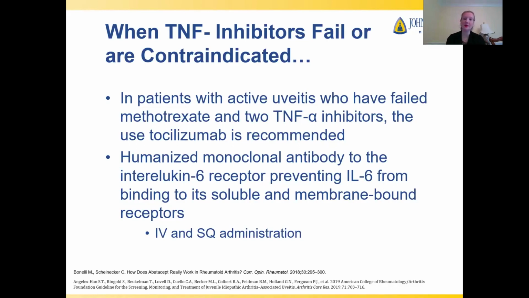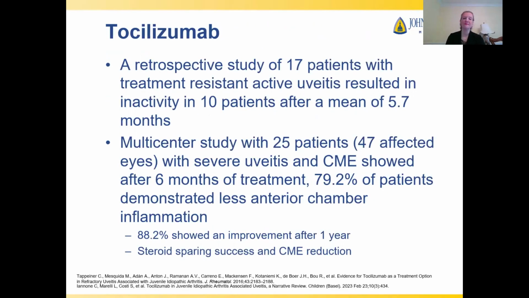And so tocilizumab is a humanized monoclonal antibody to the interleukin 6 receptor, preventing IL-6 from binding to its soluble and membrane-bound receptors. And it's available in subcutaneous administration, which is easier for at-home administration, or intravenous. A retrospective study of 17 patients with treatment-resistant active uveitis resulted in inactivity in 10 patients with a mean of 5.7 months.